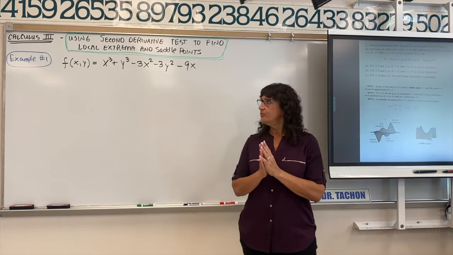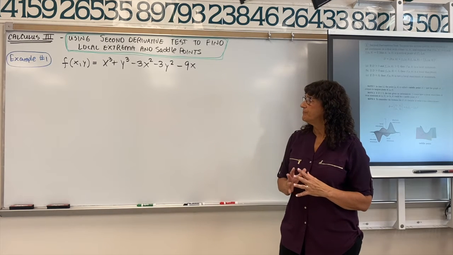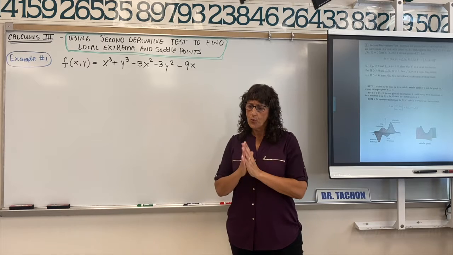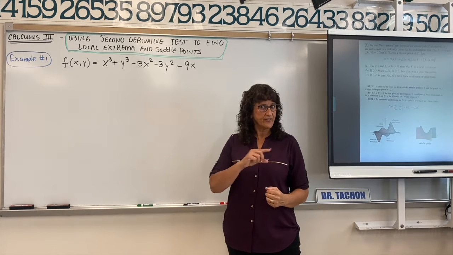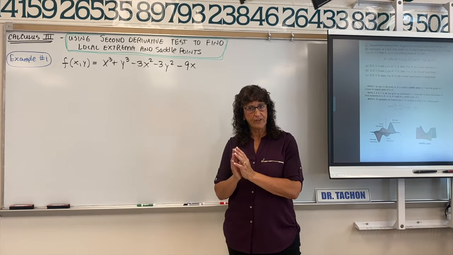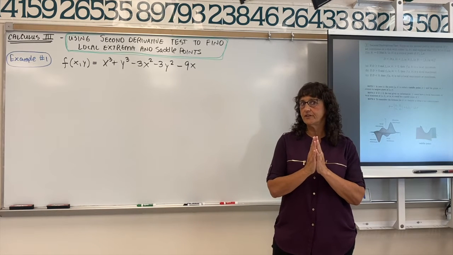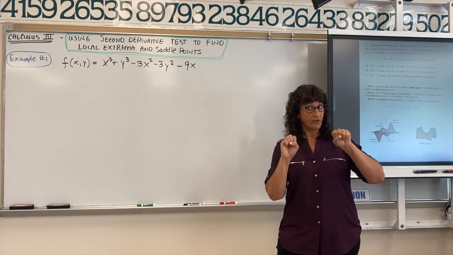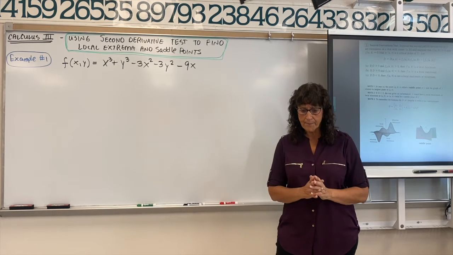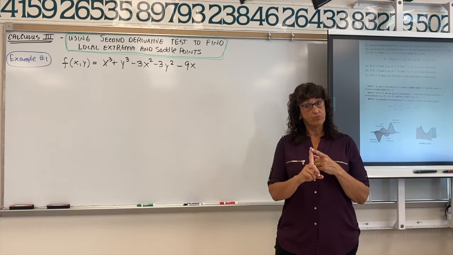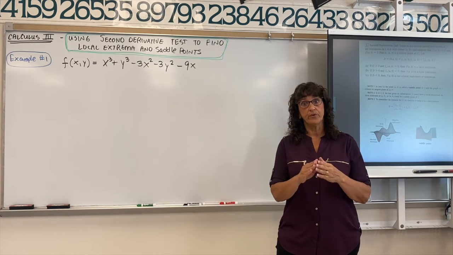We're going to take a surface, and I'm going to take you through a 4-step process. First, we find all of our first and second partials. Step 2, we find the critical points, which is where your first partials are 0. Those critical points are where the local max, local min, and saddle points take place.